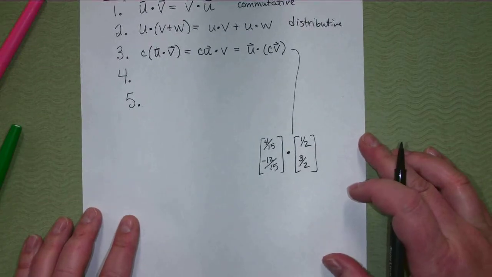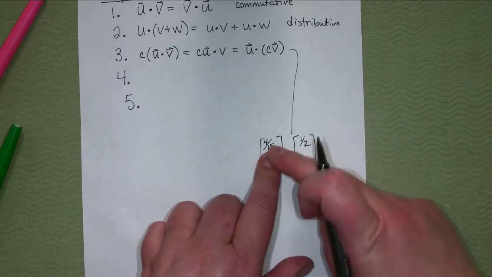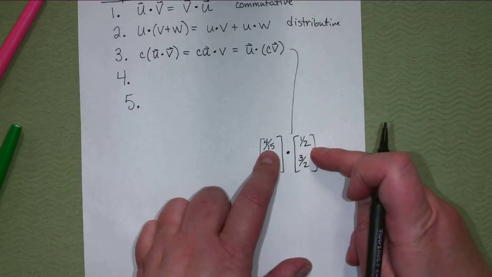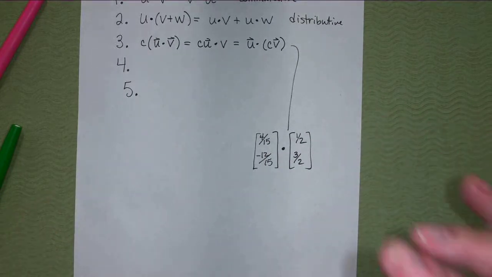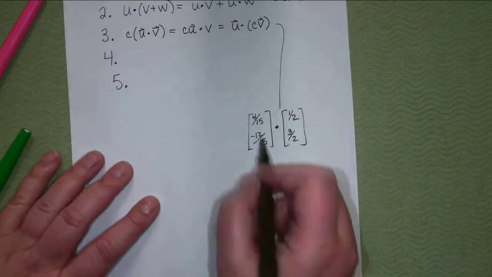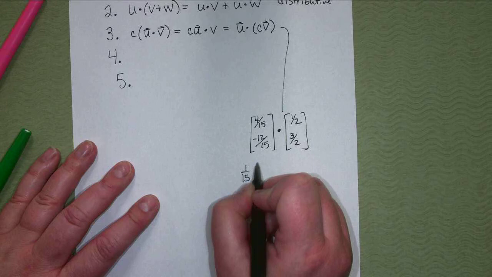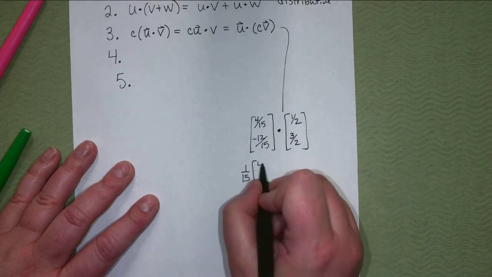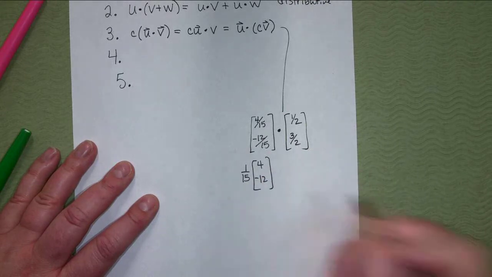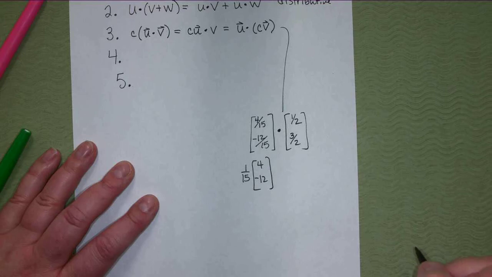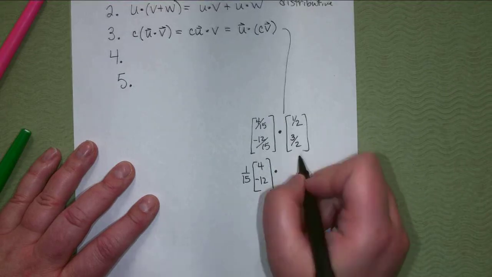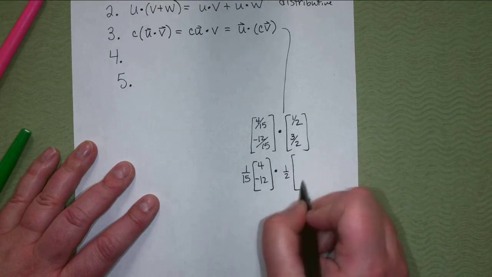You could just do the dot product. Multiply 4 over 15 times 1/2, and that's fine, right? But what also works is if you take out, you notice I have a common denominator, 15, you can take 1 over 15 out of this, like that. You can take 1/2 out of this one, like that.